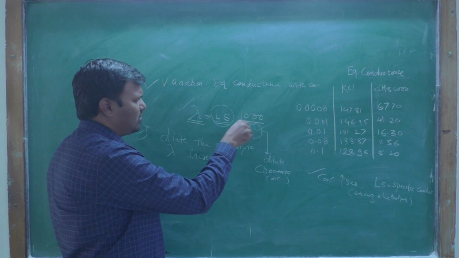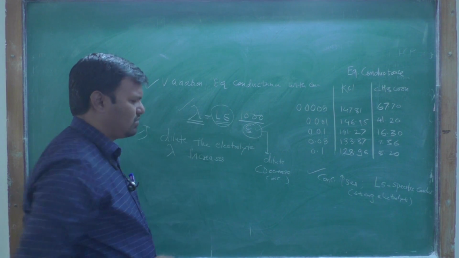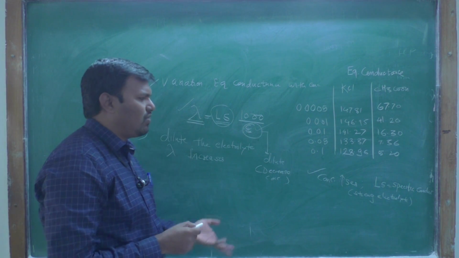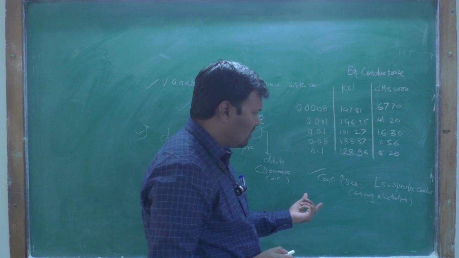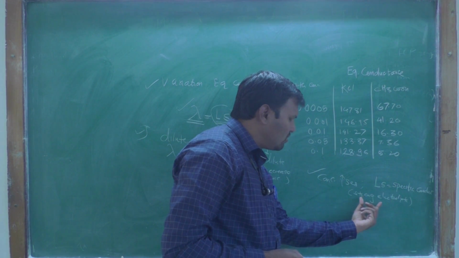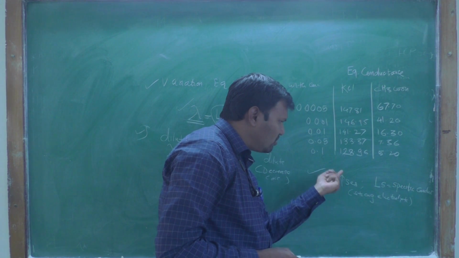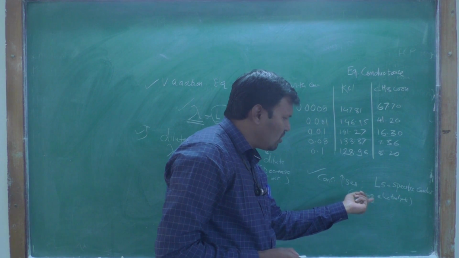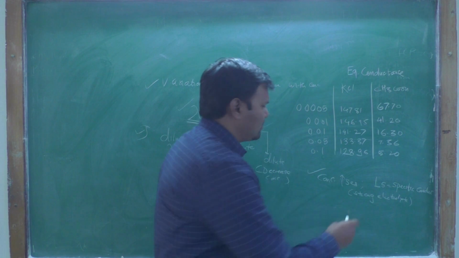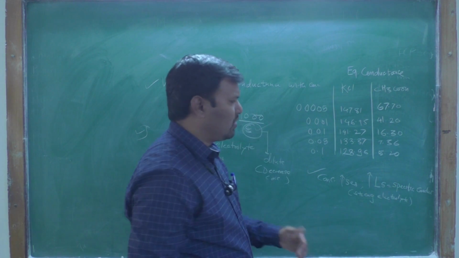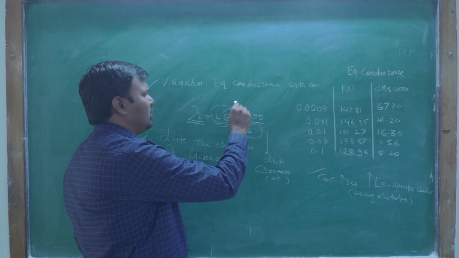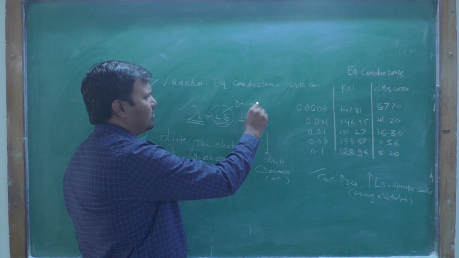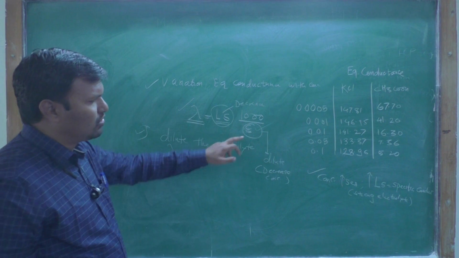This is divided, therefore it increases. But when the concentration decreases, for a strong electrolyte its Ls, the specific conductance, also decreases. Therefore, when you dilute, Ls also decreases. Both quantities decrease.